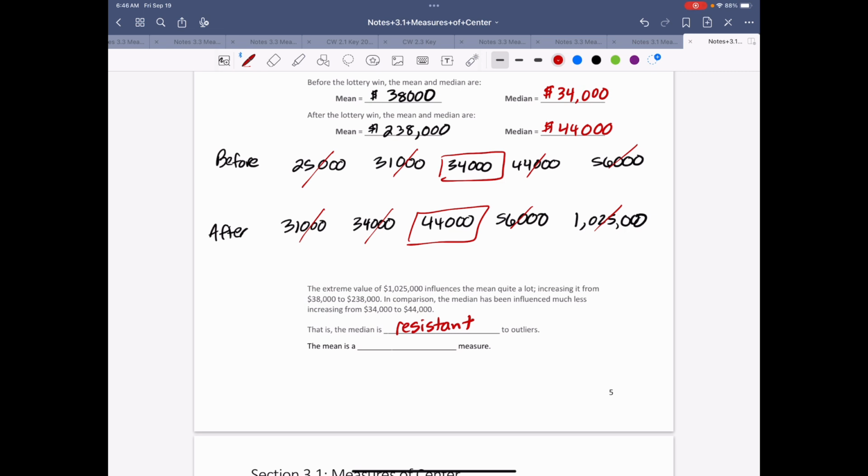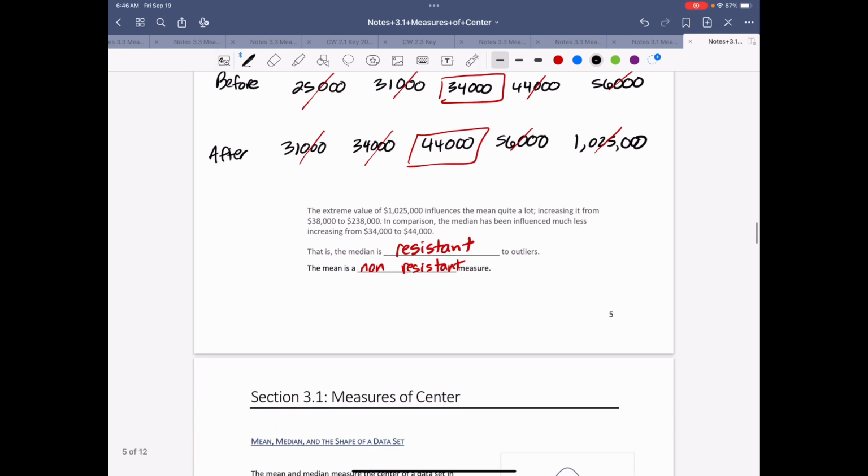And the mean is a non-resistant measure. The mean cannot help being drawn to that big number or that small number or whatever it is. That's why you don't want to get a 0 on an assignment, because your mean is drawn to that 0. It brings your average grade down a lot.